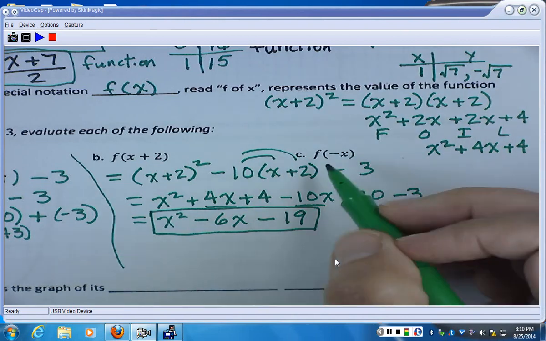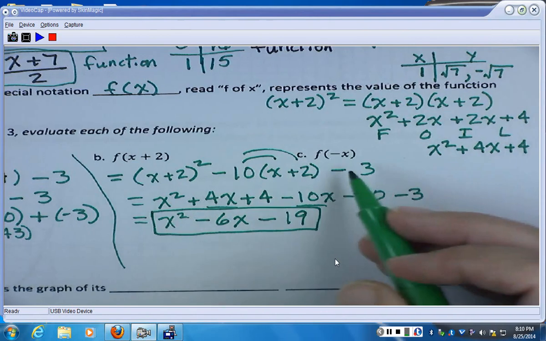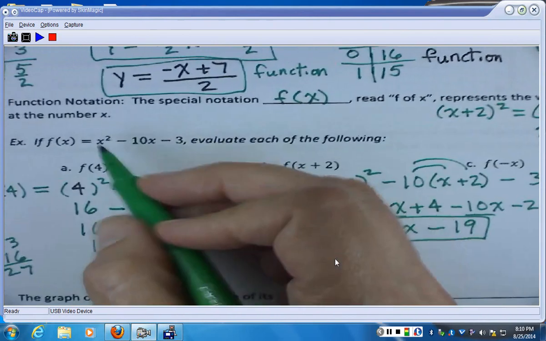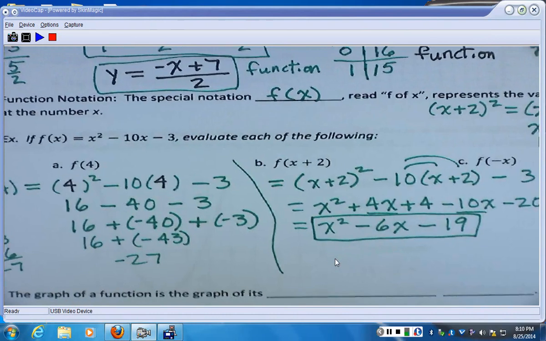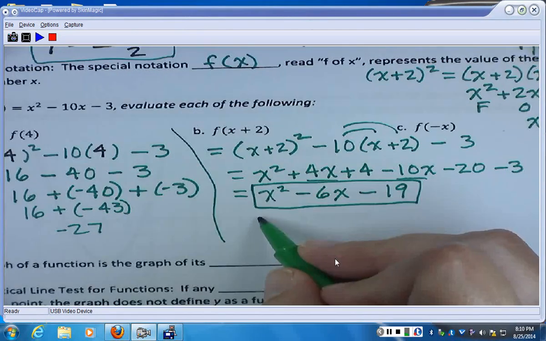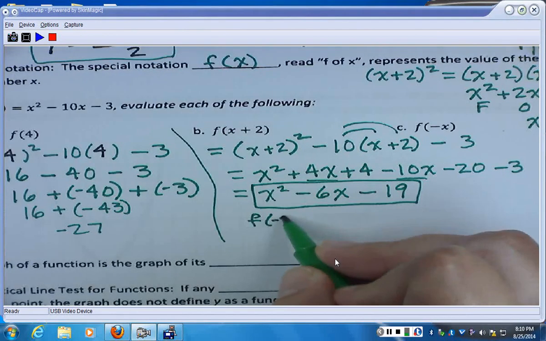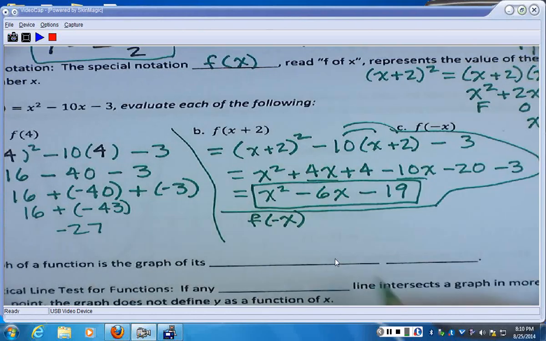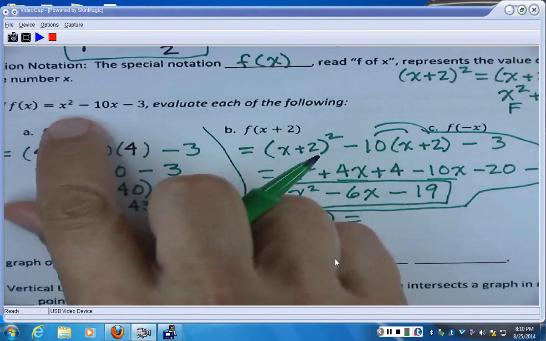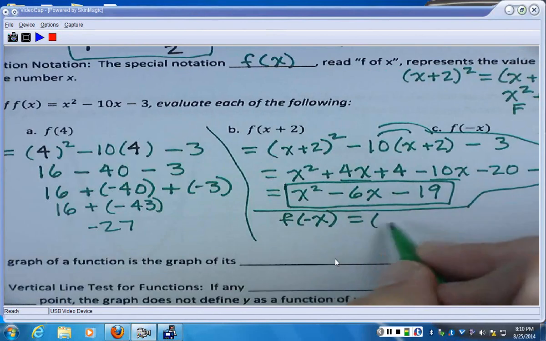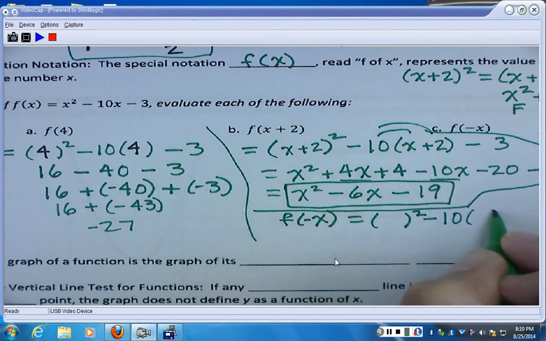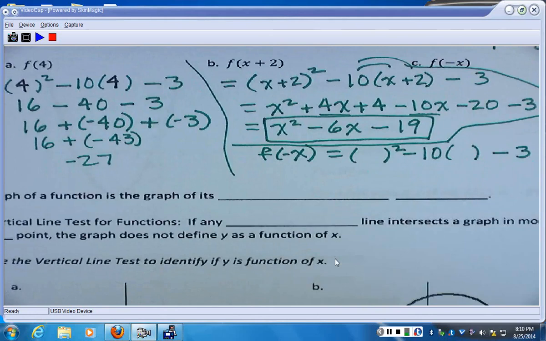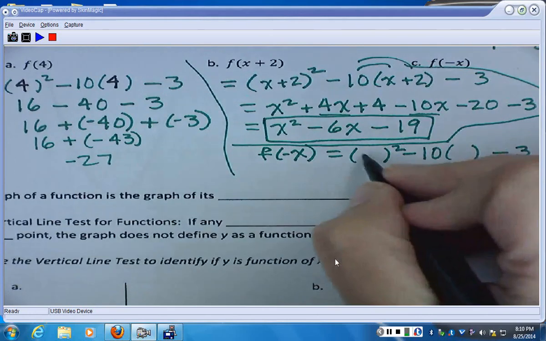All right, and then I'm running out of room here. F of negative x. So that means everywhere we have an x, just substitute negative x. So I'll put it here. F of negative x equals, we've got parentheses x squared minus 10 times x minus 3. So everywhere I have an x, I'm going to put in a negative x.